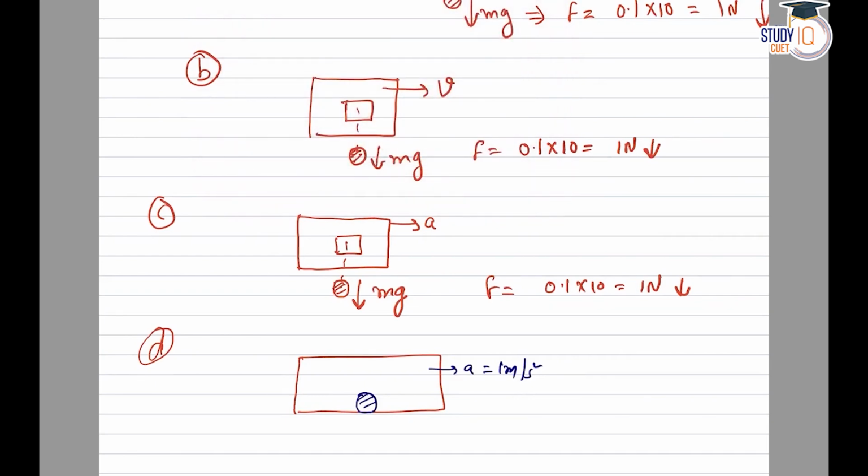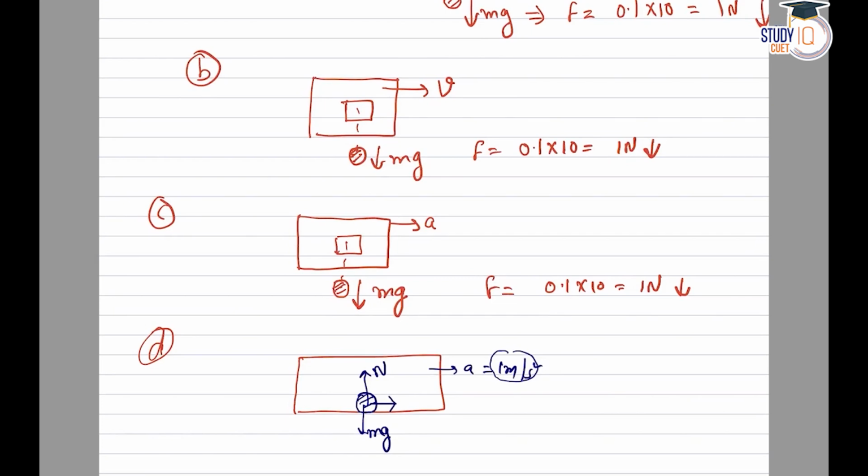For the FBD, we can say that the forces acting on the system are normal in upward direction, mg in downward direction. As we can see that the stone is moving with the train without slipping, it means if the train has acceleration of 1 meter per second square, then the stone will also have acceleration of 1 meter per second square in forward direction.